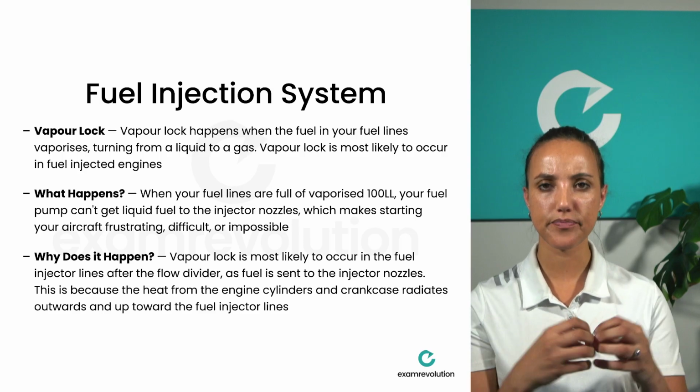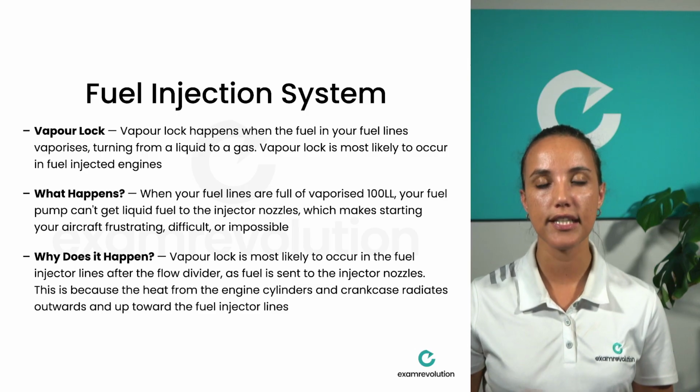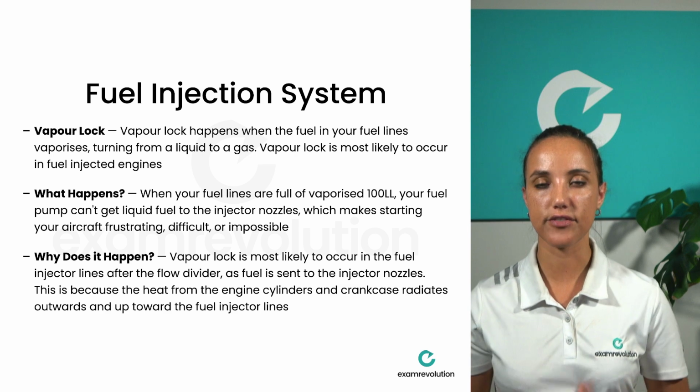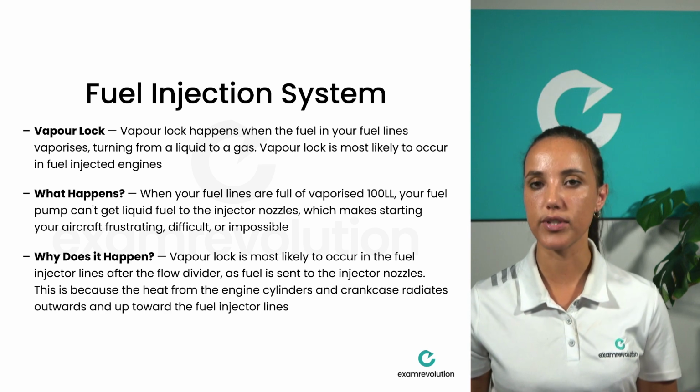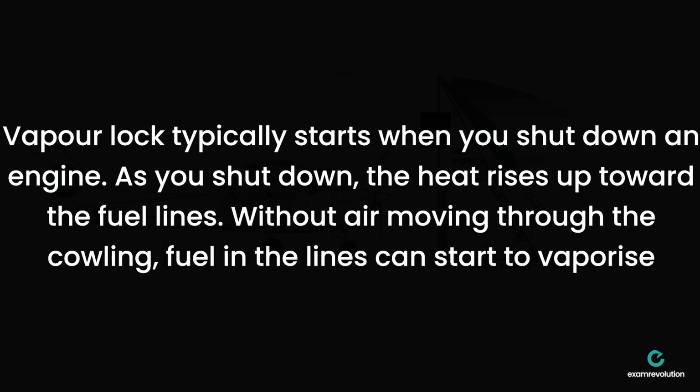Those are the lines after the fuel distributor, and after you shut down they get heat radiated from the engine, which turns that liquid fuel into gas. If you have a look at this example again, you can see that after the fuel distributor, each line, because of the heat coming from the crankcase and cylinders, has vaporized fuel in it.